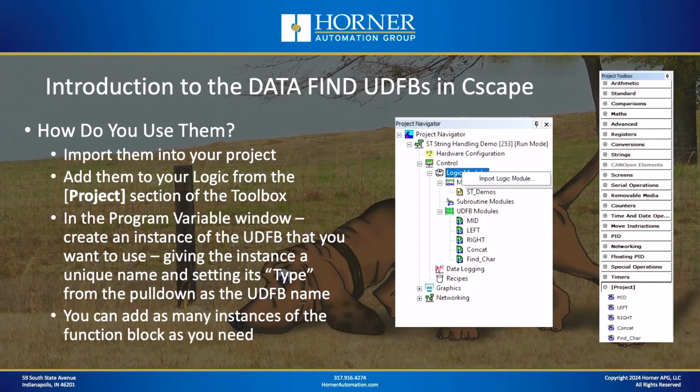The types pull-down list is where you find double int, real, int, etc. And also on that list are any structures that you've created or that were pre-created, and also any UDFBs. So again, create an instance of that UDFB for every time you want to use it with a unique name. All right, so that is really the approach you're going to take to get a UDFB into your project, regardless of which language you're using.